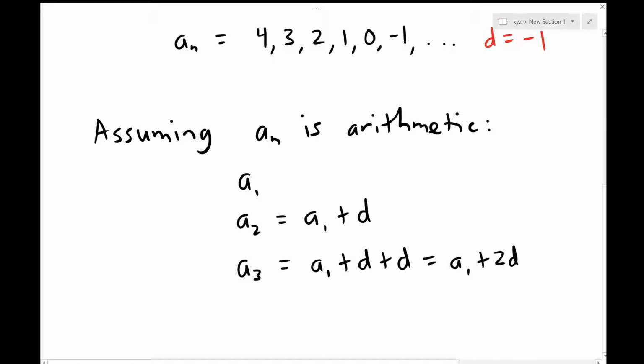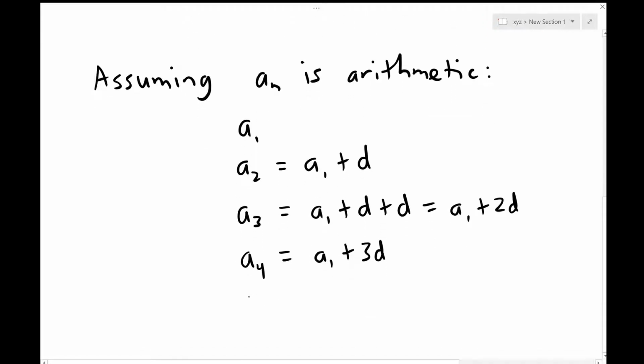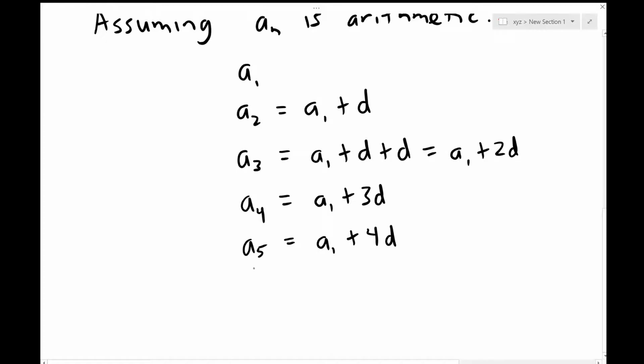And so if we just keep adding d onto the previous term every time, then for a sub 4, you would have a sub 1 plus 3d. For a sub 5, we would have a sub 1 plus 4d, and so on and so on. And so if we continue with this pattern, then when we want to find a sub n, we would start with a sub 1.